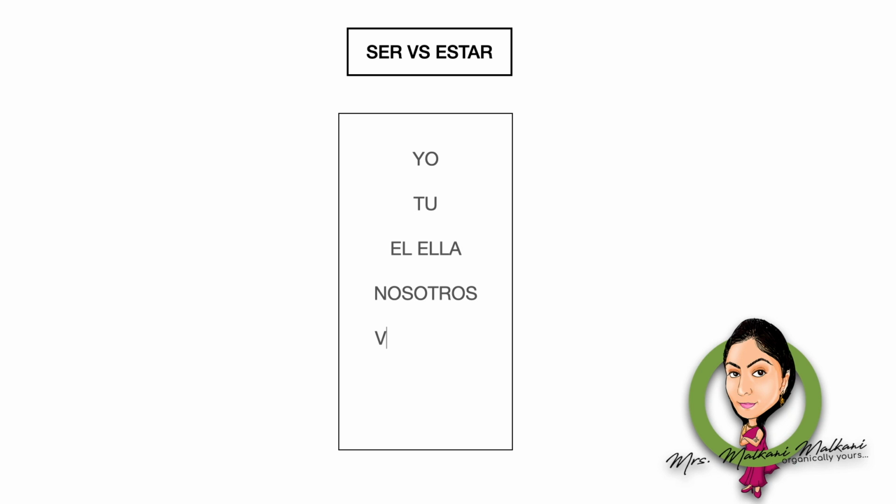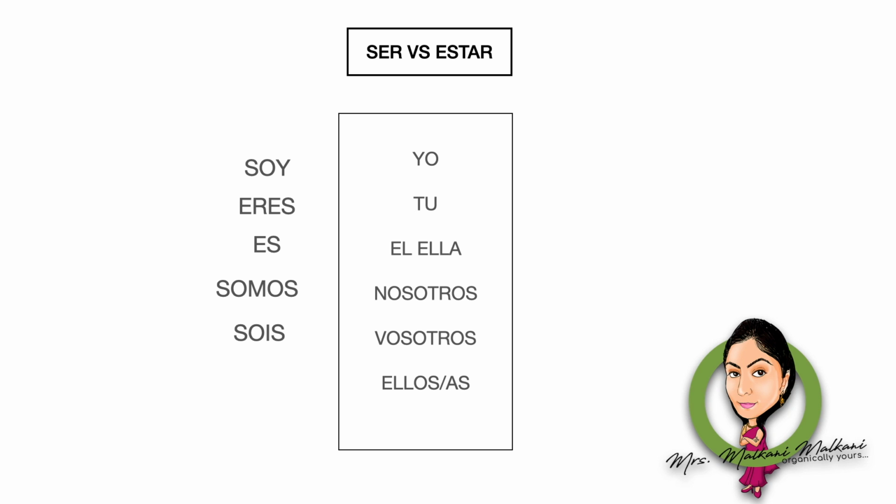The easiest way to differentiate between the two is to use ser when you're speaking about somebody's identity or nature, to describe something, and to talk about time or events. And estar you can use for location, when you're describing the location of a person, or a temporary state. So we'll quickly see a few examples which will help us differentiate between the two.